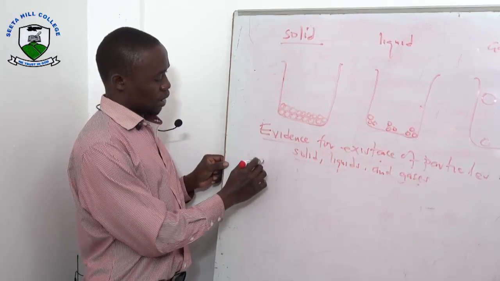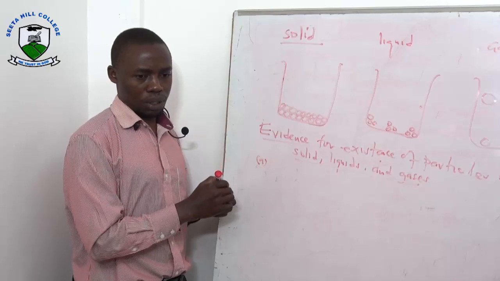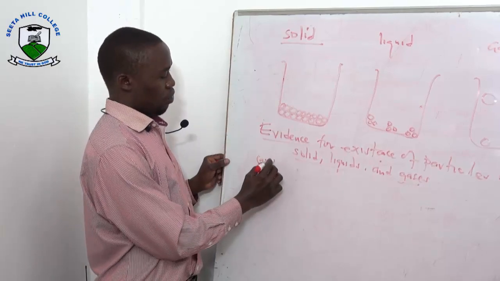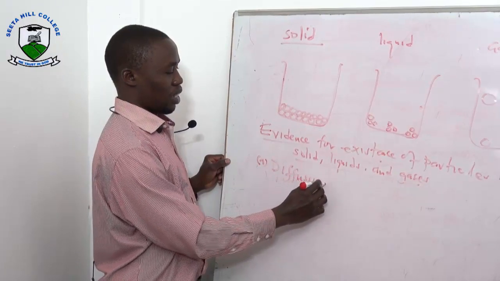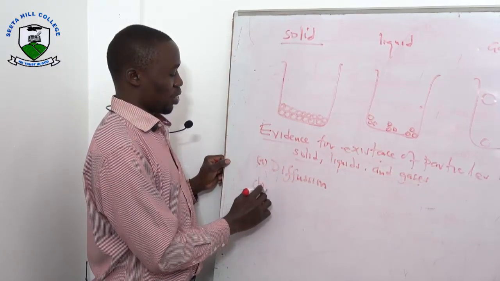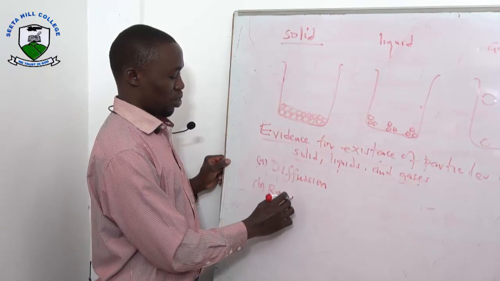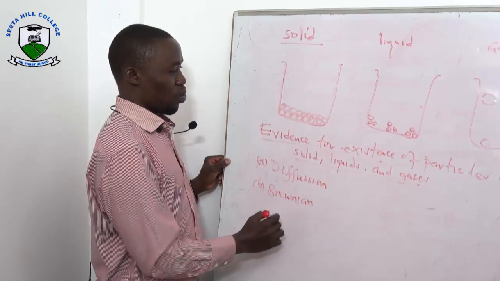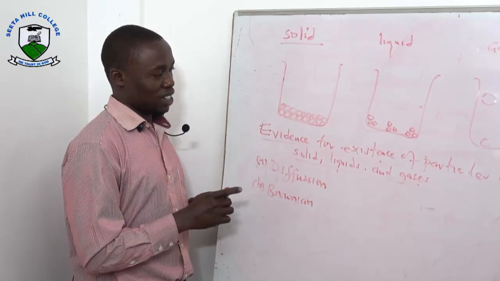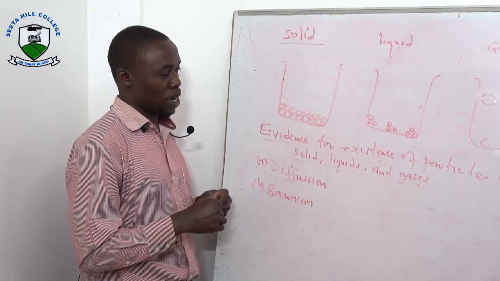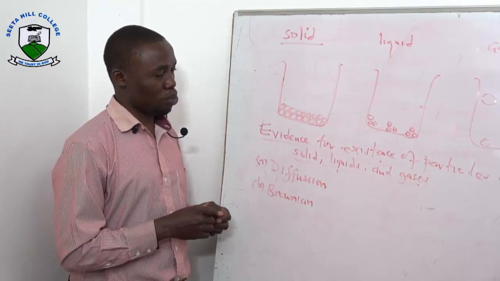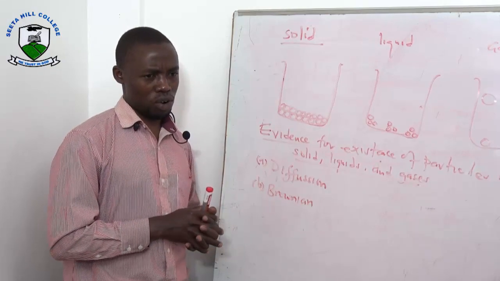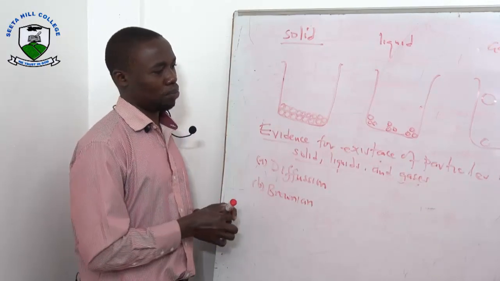They did it by two processes here. The first one was called diffusion. Then the next one was called Brownian motion. These were proving that indeed there are particles in matter, or it was a simple proof for the kinetic theory of matter.